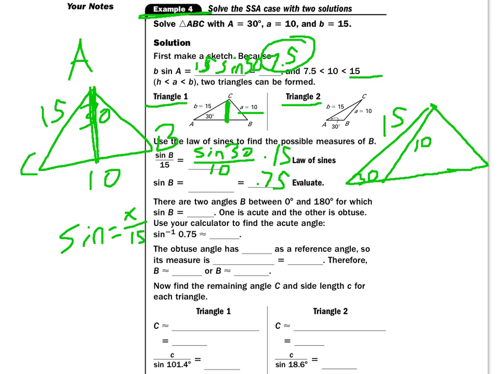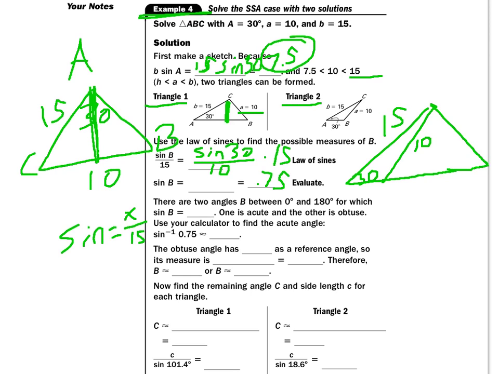The sine of 30 was 1/2, and so 1/2 divided by 10 would be like 1/2 times 1/10 is 1/20th, and 15 over 20 ends up giving me that 0.75 thing.